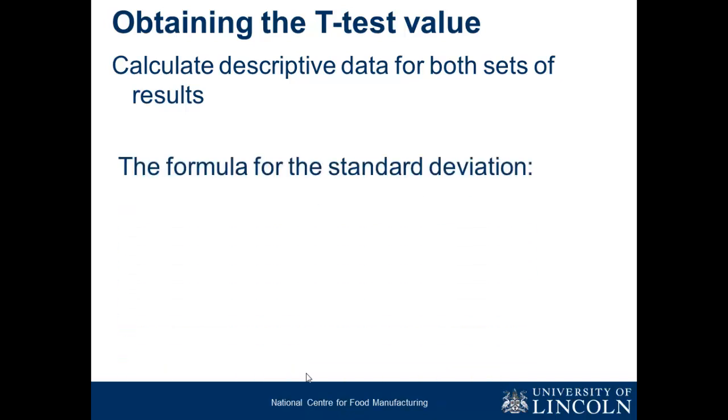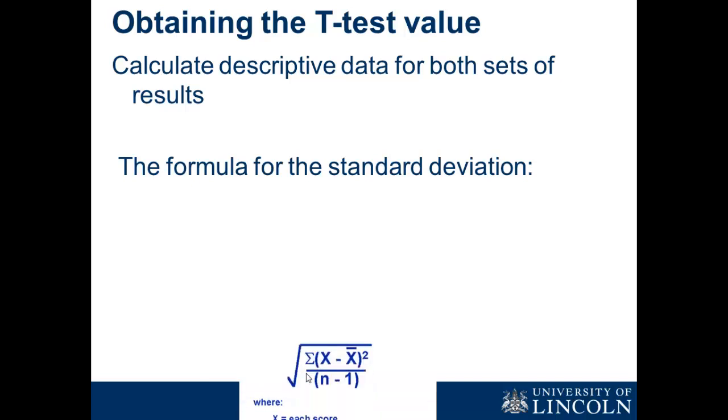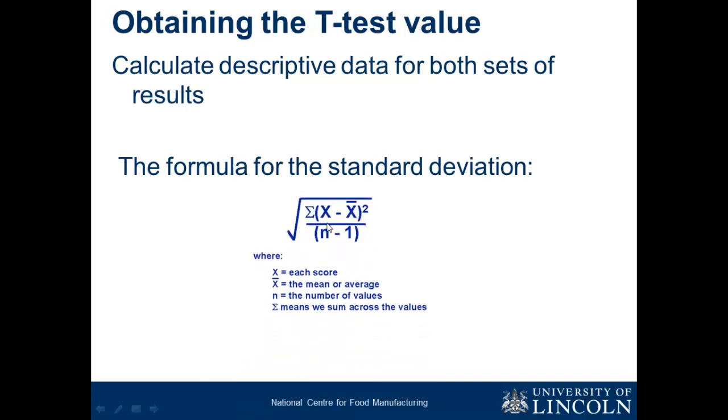The very first thing you also need to know: mean is the average, and you can solve that with a calculator. Standard deviation, yes, can be solved with a calculator, but this is the formula you need to use for your standard deviation, because this is a sample standard deviation. If it is a population standard deviation, it is going to be n underneath in the denominator. But because this is a sample standard deviation, that is why we have n minus 1.